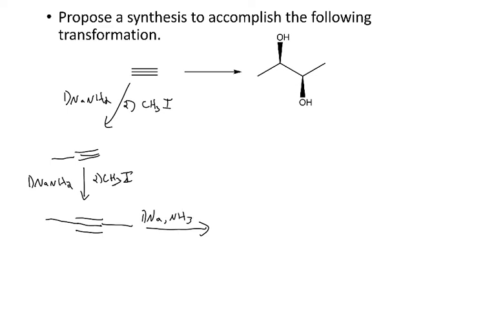So that's going to give me the trans alkene. And now I want to add the 2 OHs to the same side. They're both wedges, so I need to do syn addition. And there are a couple ways to do that. One would be to react with this osmium oxide compound, and then a co-catalyst, and that should finish the job.